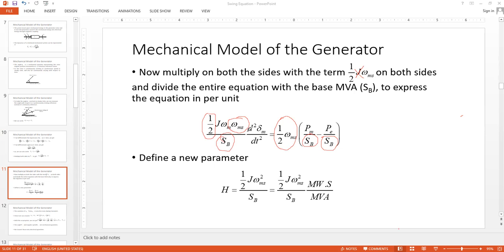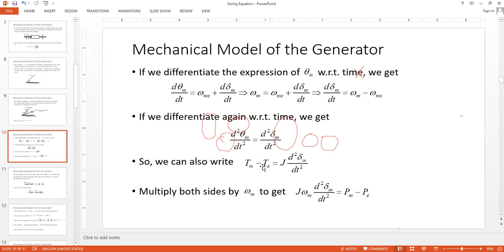Once you multiply and divide, why do we actually divide by SB? Because SB is the base MVA, the base power. Remember, we are now dealing with power. We are no more in the torque domain. We are in the power domain. These are the actual values of the power.